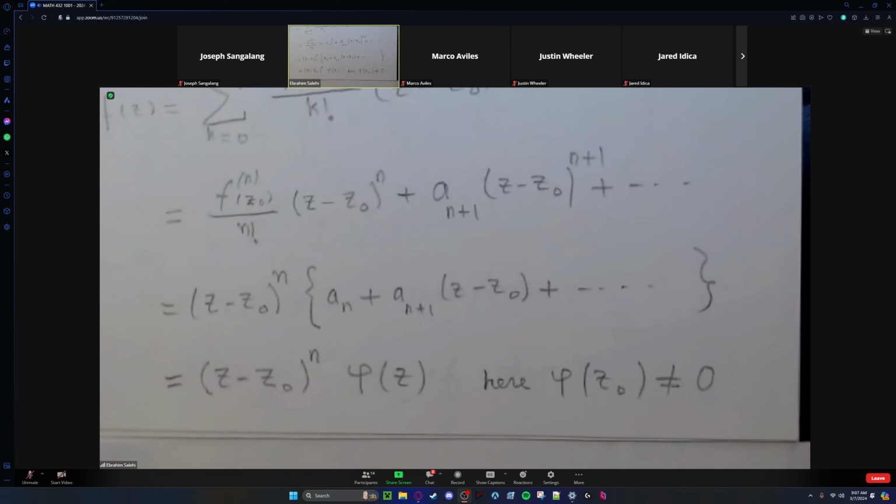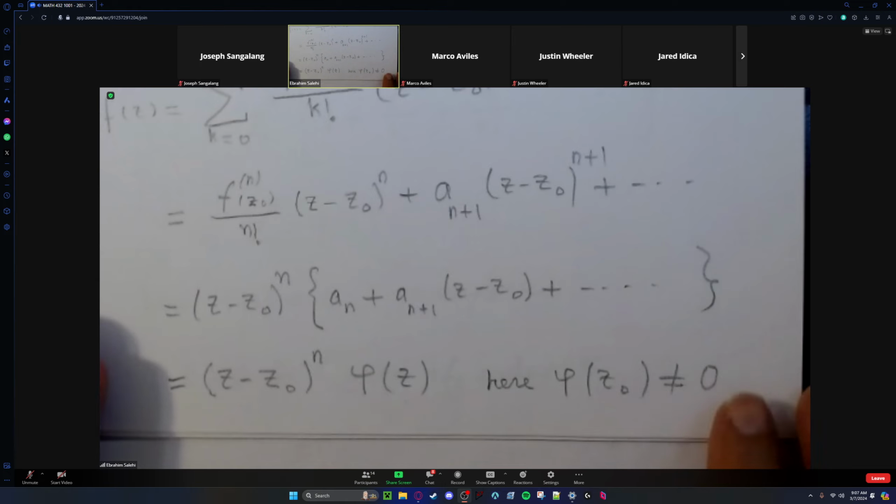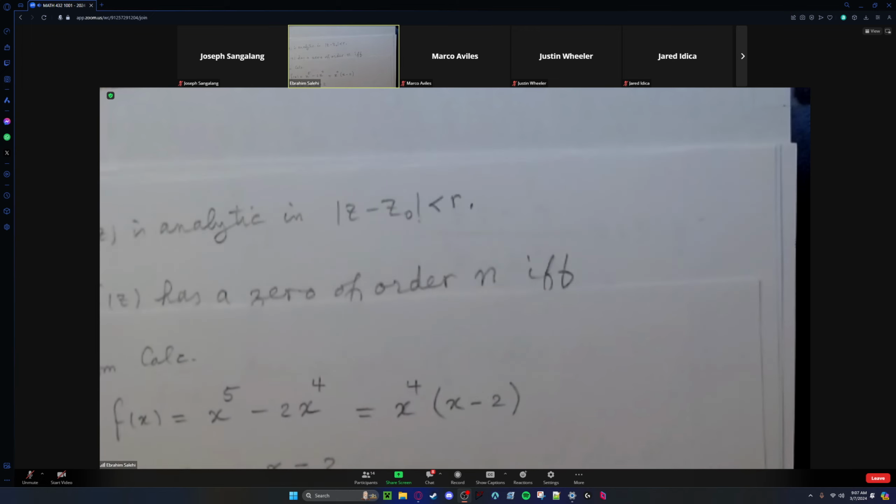But before going into that, you see now the correlation, the relationship between zeros of the function and poles of order n.